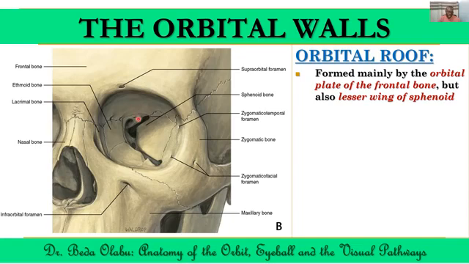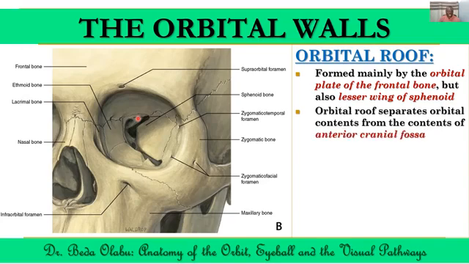However, we also have the lesser wing of the sphenoid bone, which is this one here. Usually the lesser wing of the sphenoid bone has 2 roots. There's that root, and that's the lesser wing of the sphenoid bone. So those 2 bones form the roof of the orbit.